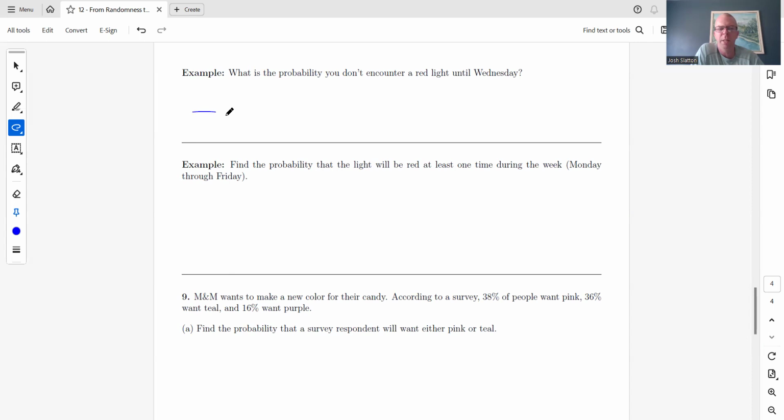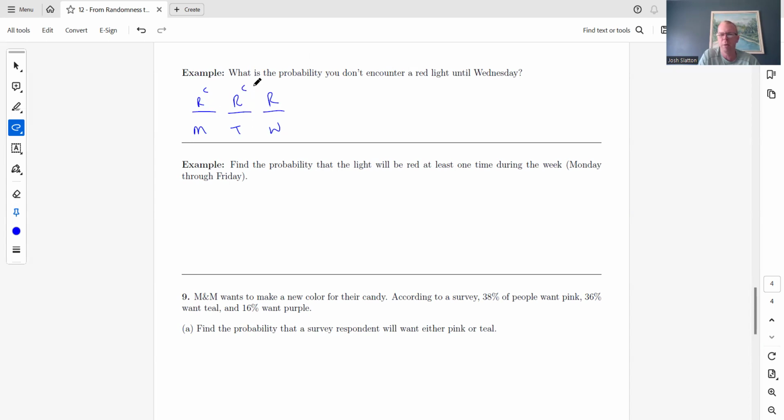Here we have 3 days: Monday, Tuesday, Wednesday. What's the probability you do not encounter a red light until Wednesday? On Monday, you want it to be not a red light because you want your first red light to be Wednesday. So that means that one will be red, and these 2 will be not red.